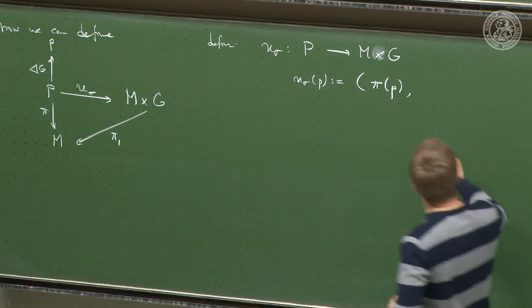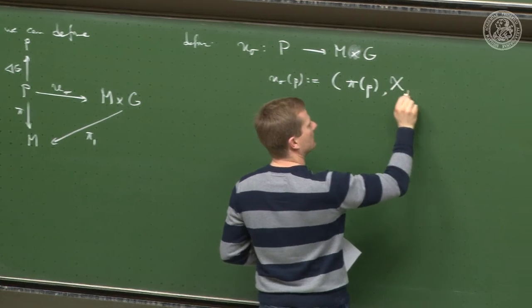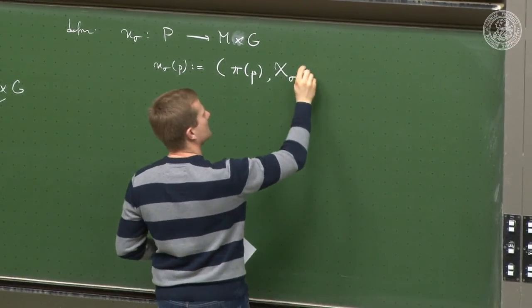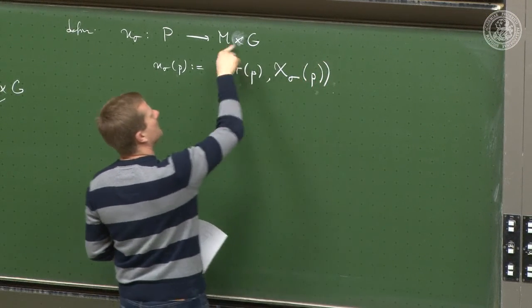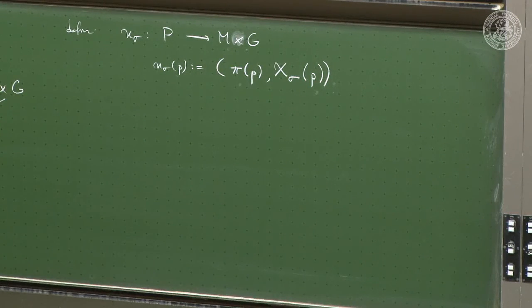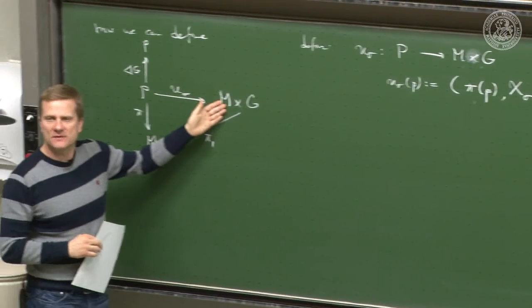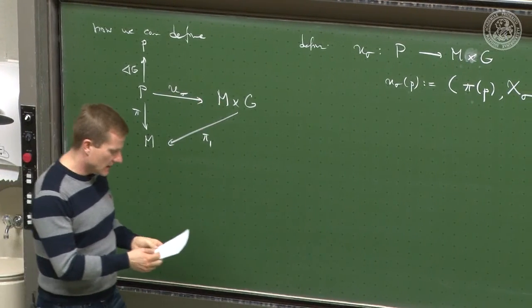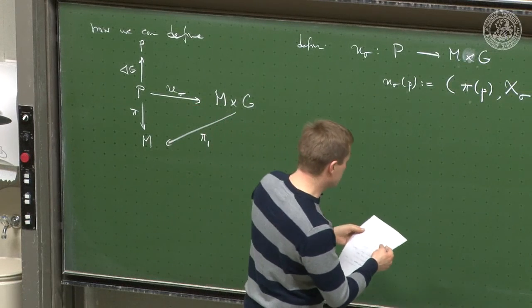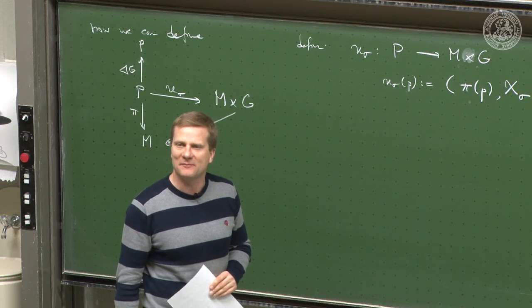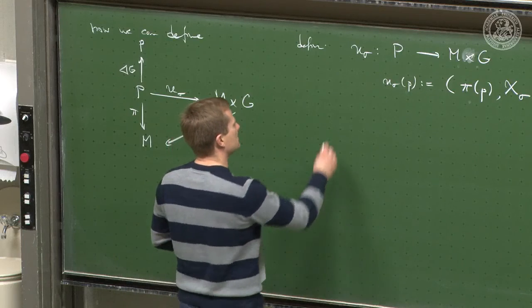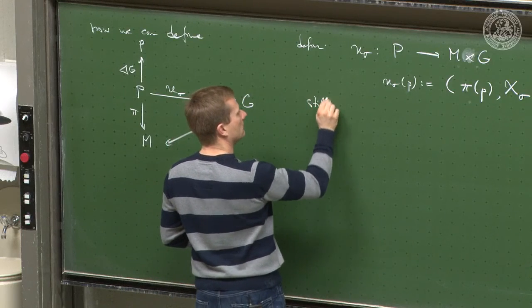Well, we'll simply invoke the just constructed map with that property we'll need in a second here, and this will certainly be an element of M Cartesian product G. So we defined a map from this set to this set. The only question is: is this a bundle map? And if it's a bundle map, is it a principal bundle map?